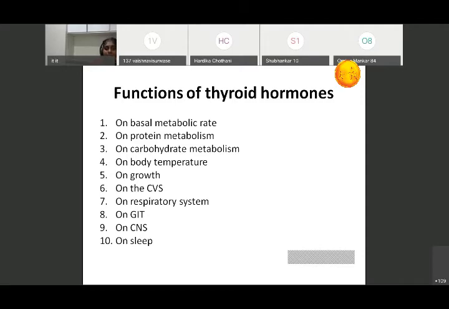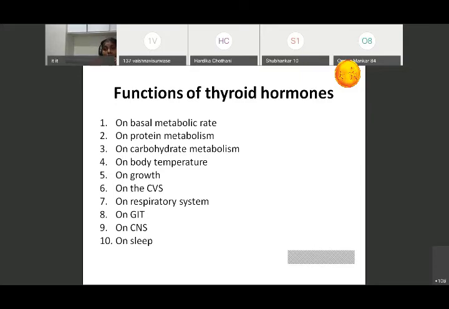Now on metabolic rate, it increases the basal metabolic rate. Thyroid hormones T3, T4 increase the basal metabolic rate. In hyperthyroidism, the BMR increases 60 to 80% more than normal.